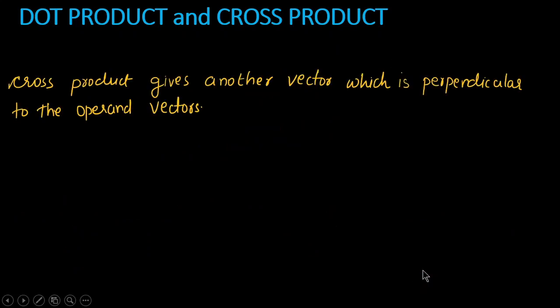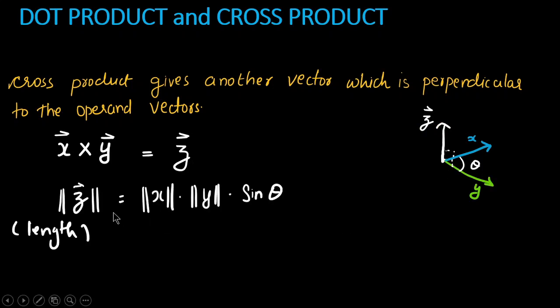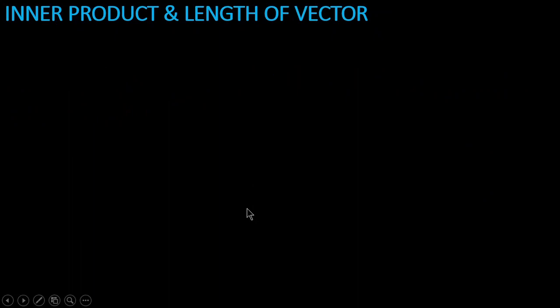Then the cross product gives another vector which is perpendicular to the operand vectors. So suppose x cross y gives you z like this. z is perpendicular to the xy plane, and norm of z is equal to norm of x into norm of y into sine theta. So that is the length of z.